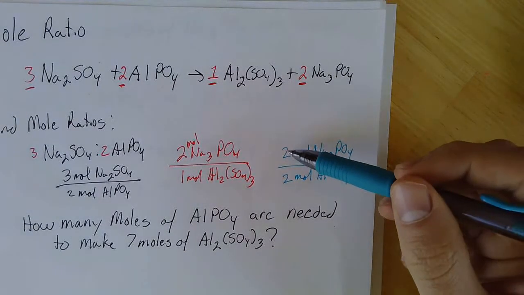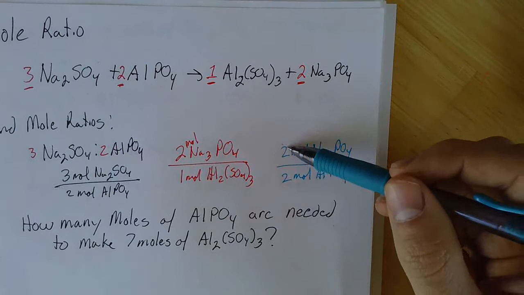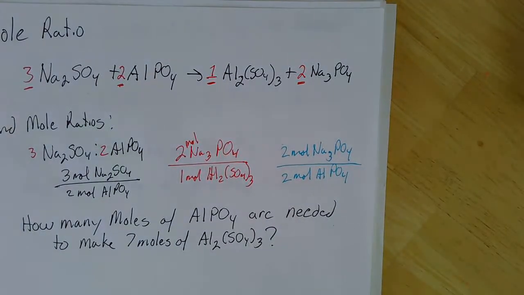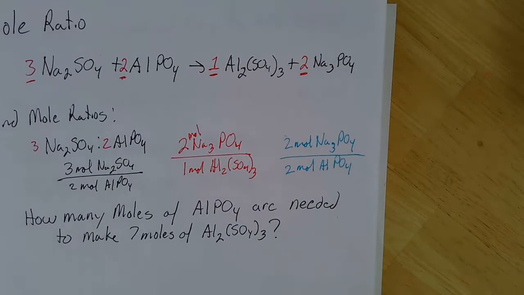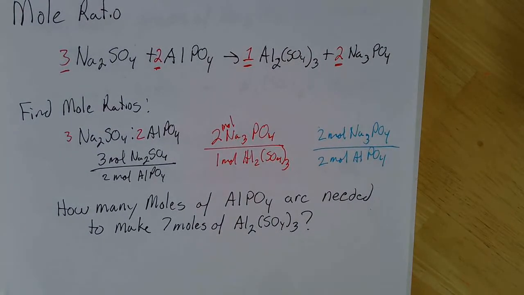Okay, and yes, I do want you to leave this ratio as 2 to 2, not break it down to 1 to 1, just keeping everything in line. Okay, so 3 different ratios, but we can make up about 5 others on there because we can flip them all and everything else like that.